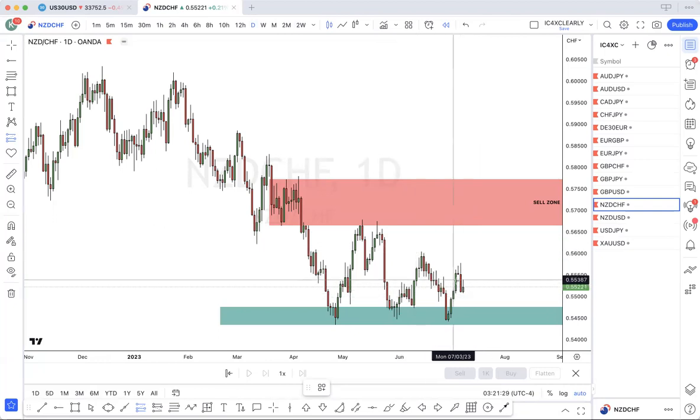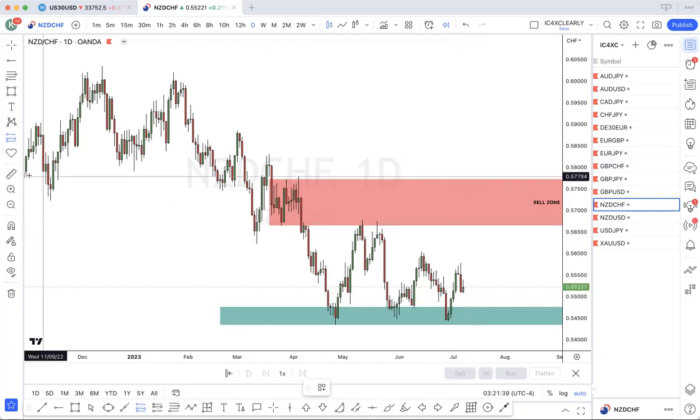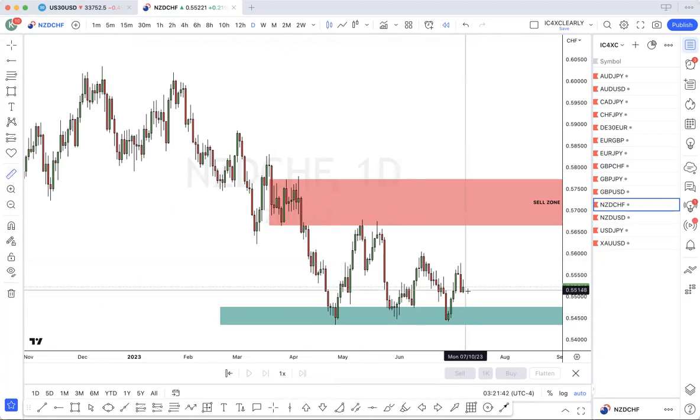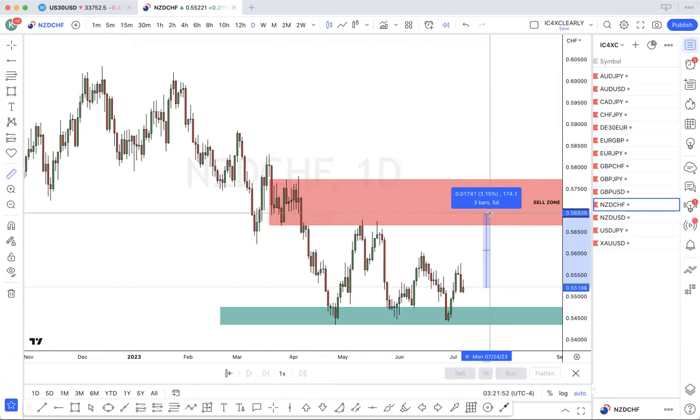So it broke this minor high, so it could pull back to clear one of these imbalances and then continue buying up. But I would say you can only buy it up to, there's a cleared imbalance here. You might even be able to buy it up to this order block.